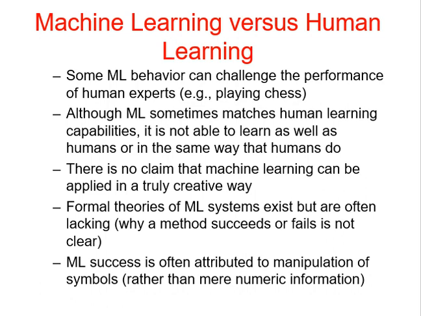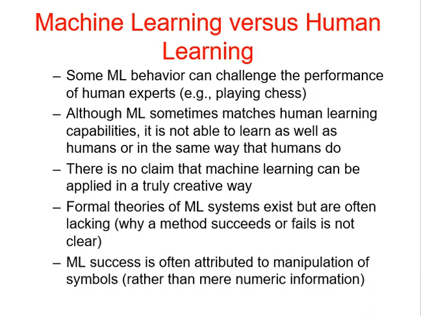Some ML behavior can challenge the performance of a human expert, such as playing chess. We can consider the game of chess, where machine learning can challenge a human expert. Although ML sometimes matches human learning capability, it is not able to learn as well as humans or in the same way that humans can.